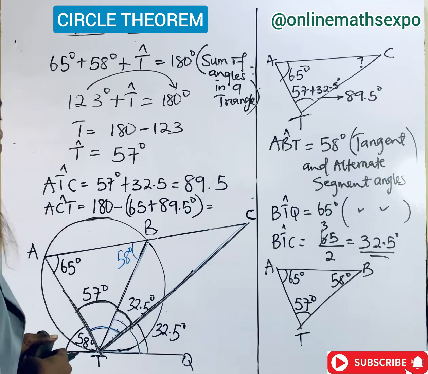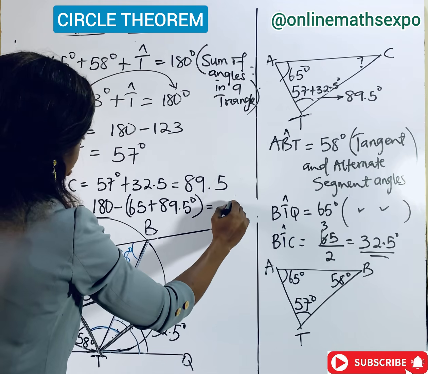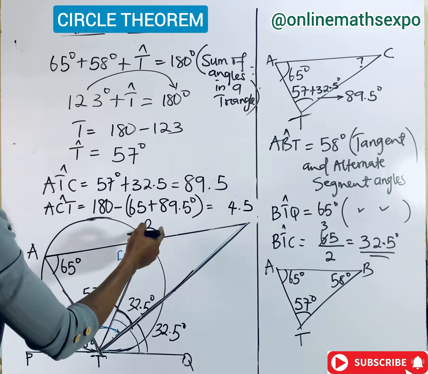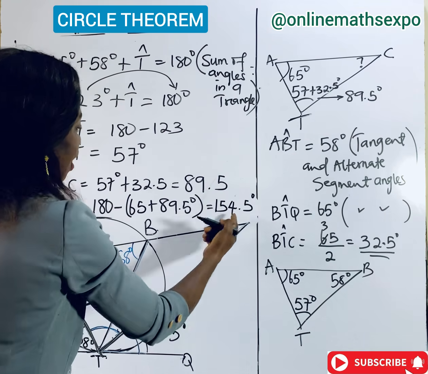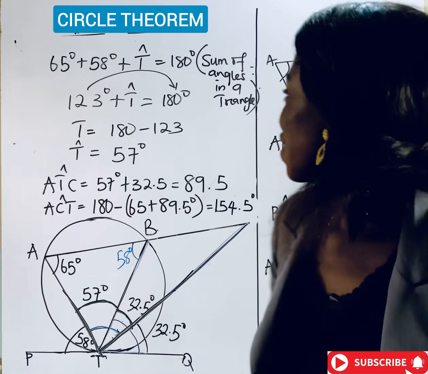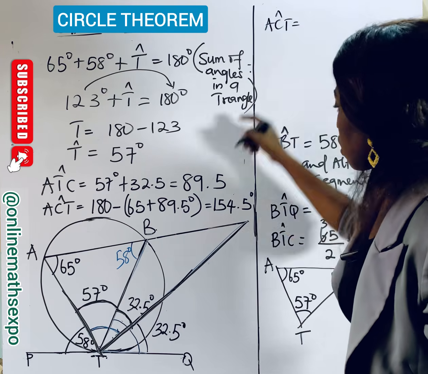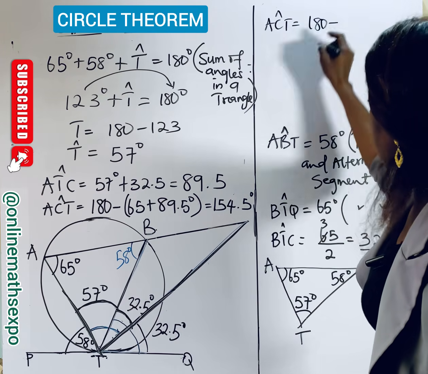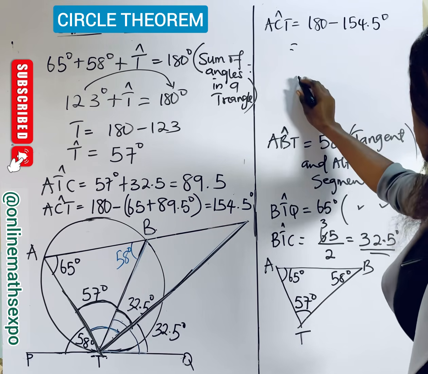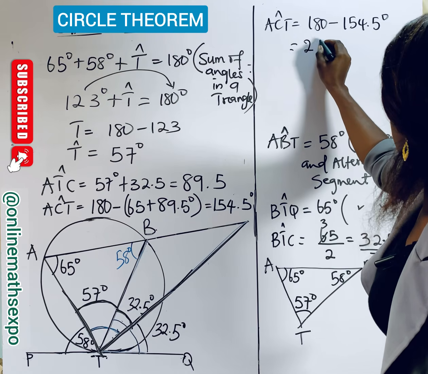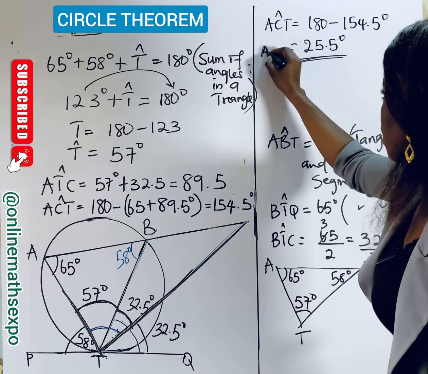If you add this, it's going to give us 154.5 degrees. So let's take it from 180. Angle ACT is 180 minus 154.5. If you subtract this, we are going to have 25.5 degrees as the value of angle ACT.